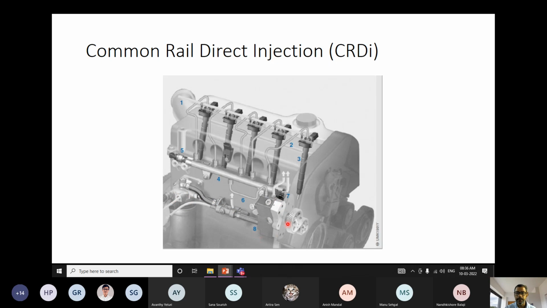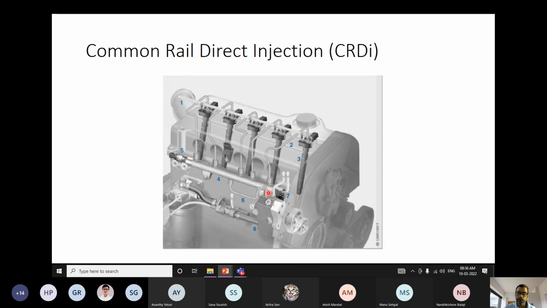This is the heart of the common rail direct injection system. It is a high pressure fuel pump. Here the pump is going to compress the fuel to a very high pressure. And then what will happen?